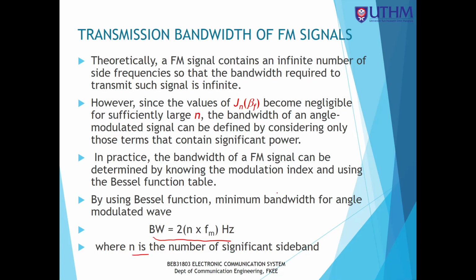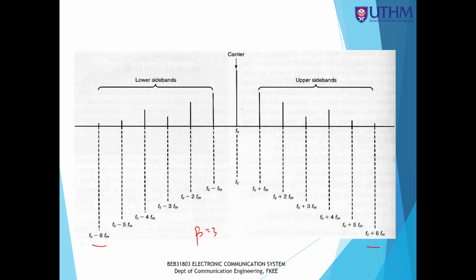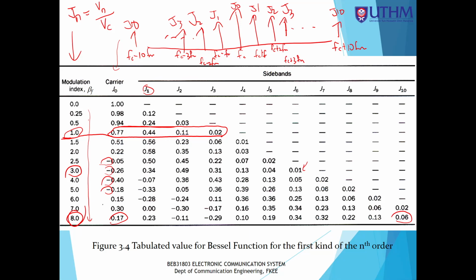For example, in the previous table, beta equal to 1, we have up to 3 pairs of sideband. So this is actually referring to the n.